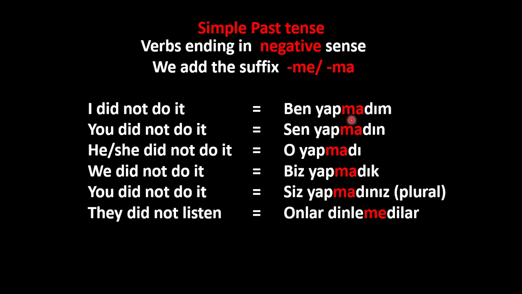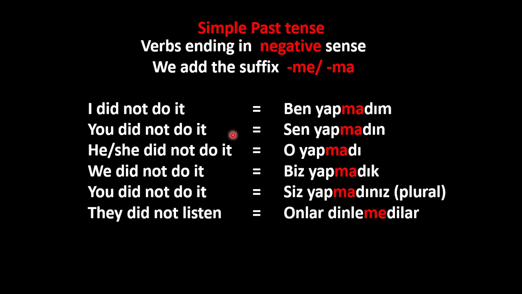So yapma. The d is the past tense, witness case, and the m is the person suffix. So here we have the verb stem, the negative ma, the past tense, and the person suffix. Things like this make Turkish a little bit interesting. You keep adding things and sometimes you can have long words.